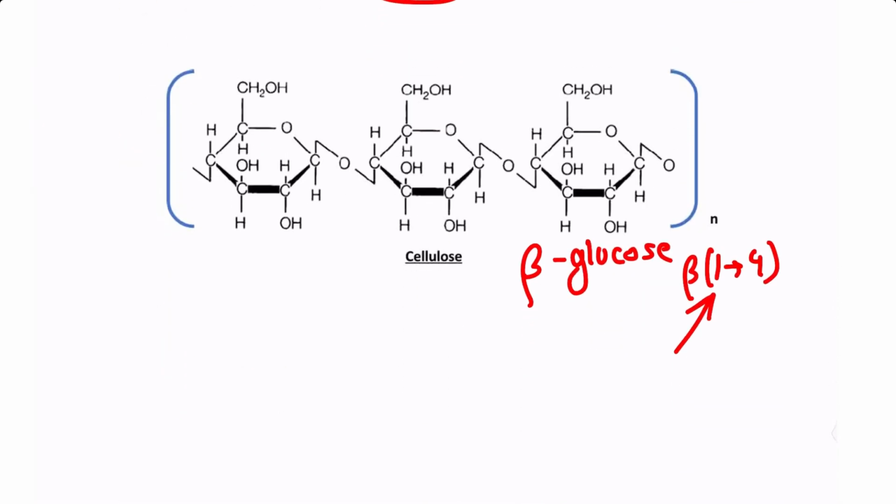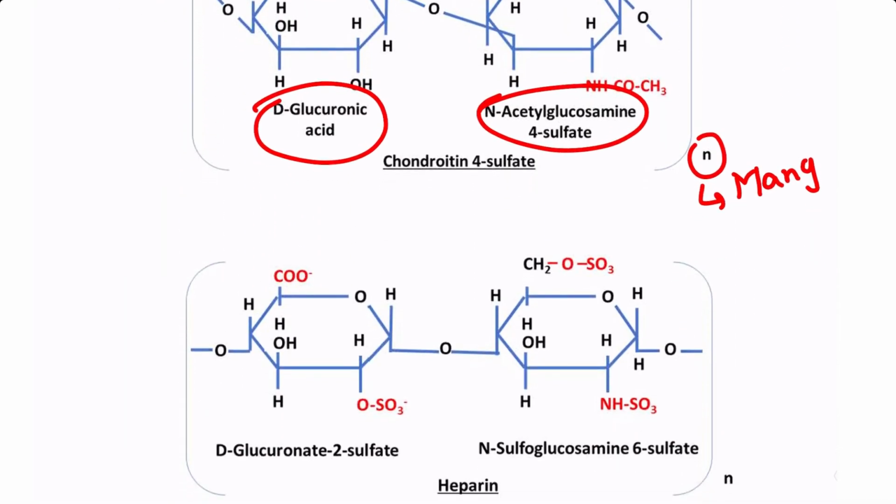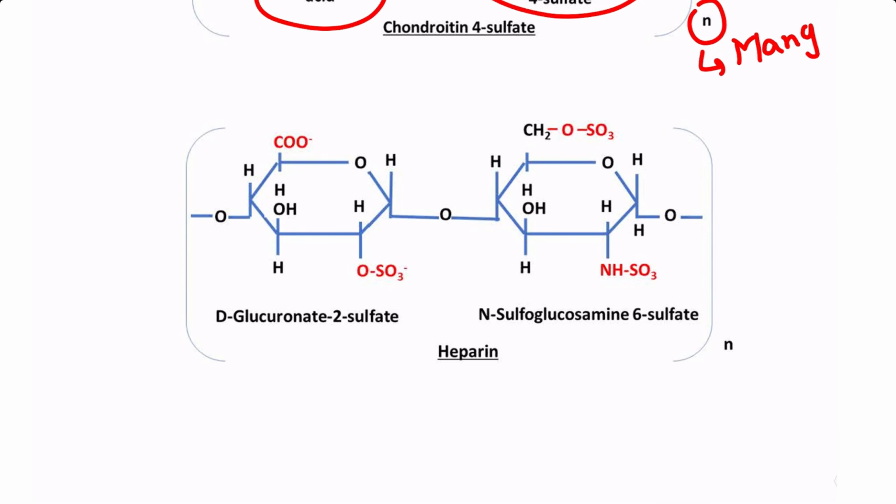Heparin is made up of D-glucuronate 2-sulfate and N-sulfoglucosamine 6-sulfate. Here also one acid group is present, COO-, and a number of sulfate groups are present along with the amine group.